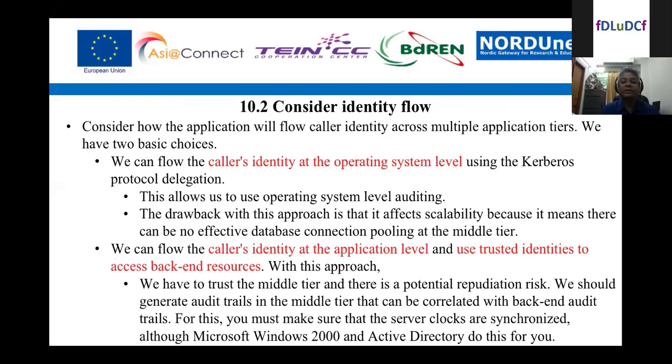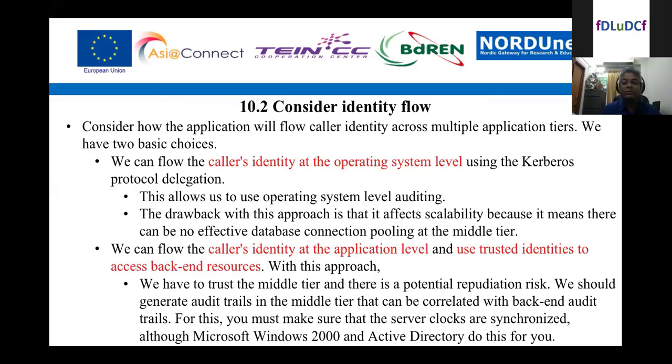And then consider identity flow. Identity flow will flow color identity across multiple application tiers. So we have two basic choices. Number one, we can flow the color identity at the operating system level, or we can flow the color identity at the application level.